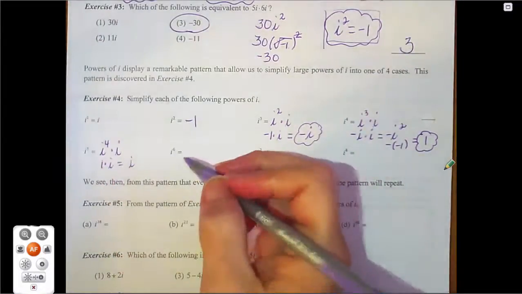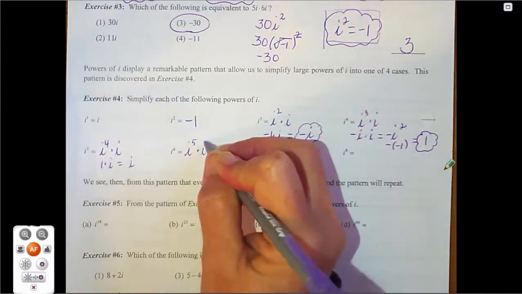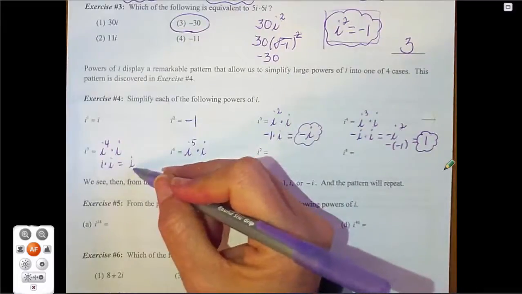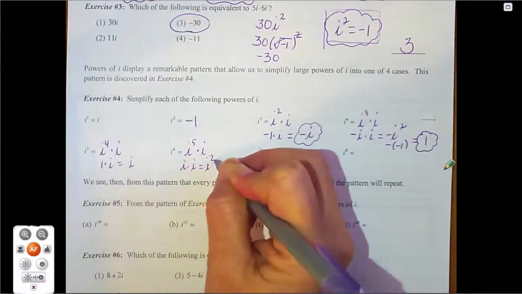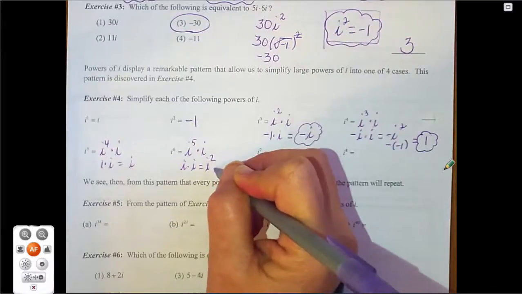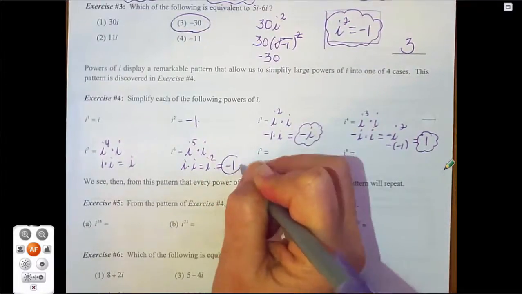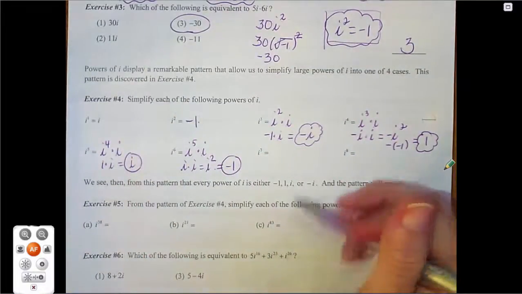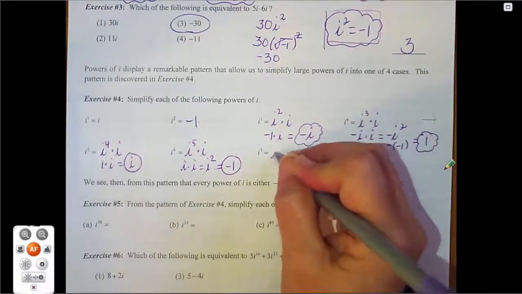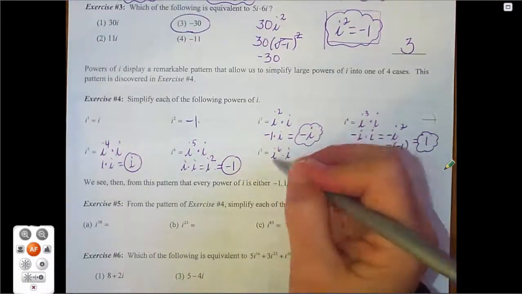i to the sixth, we could think of that as i to the fifth times i. Well, i to the fifth is i, so this is i times i, which is i squared. Oh, wait a minute. i squared, we learned earlier, is negative 1. So i to the sixth is also negative 1. i to the seventh, well, that's i to the sixth times i, but we just said i to the sixth is negative 1.